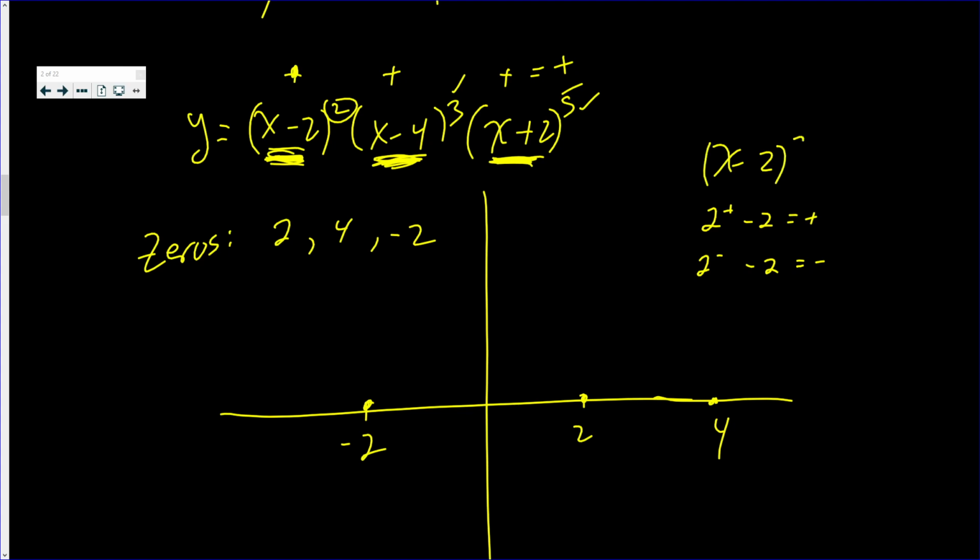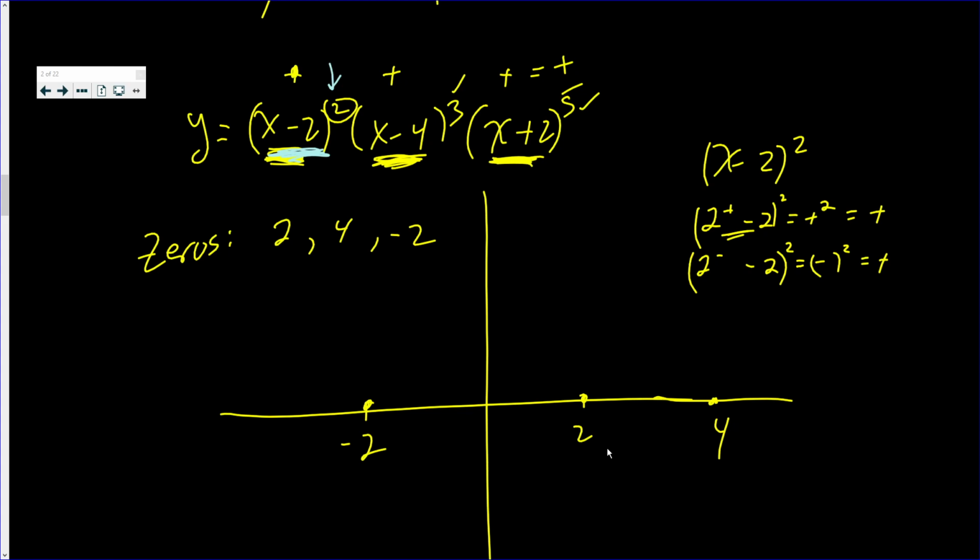But we're squaring it. What's in here is positive, and when you square it, it's still positive. What's in here is negative, and when you square a negative, you get positive. That is, when x is around 2, the sign doesn't change because that power is even.